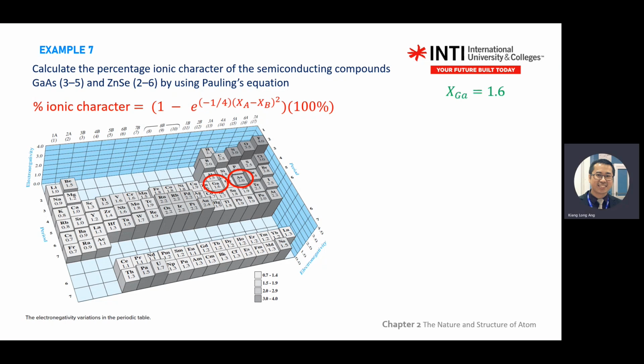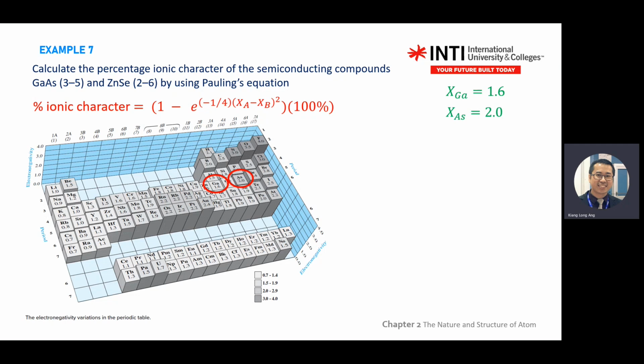So you write X_Ga = 1.6, X_As = 2.0, or in your answer you write referring to the electronegativity chart. This won't be given if the question asks you about the Pauling equation. There are marks for this, and if you write this out there's a mark for it, and for the substitution also.